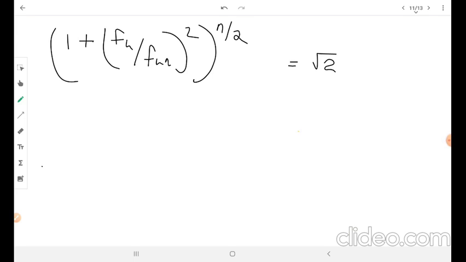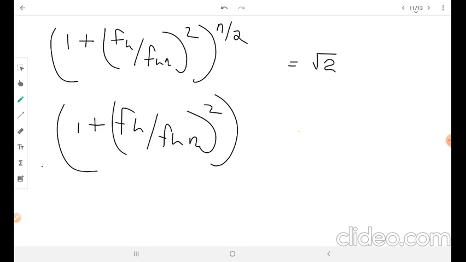Okay, so here we can write 1 plus FL by FLN all squared, all raised to n by 2, equal to root 2. Here I am multiplying by the power 2 by n, and on the right side also I am doing the same.